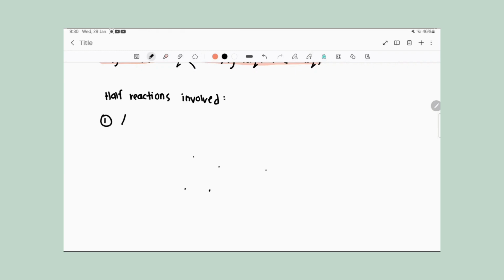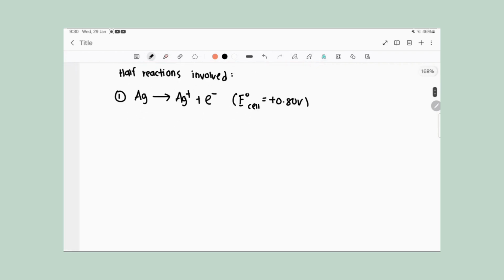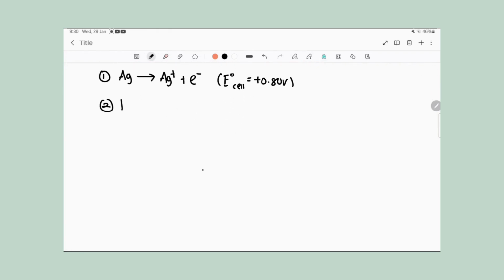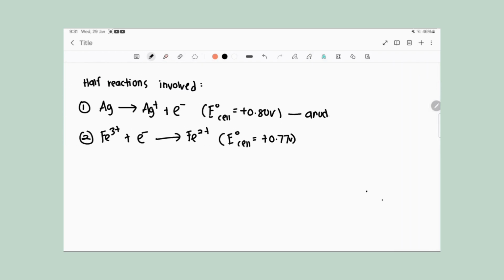First half reaction, which is Ag, and the second one is Fe3+ ion. From the half reactions involved, we can conclude that Ag is the anode and Fe3+ ion is the cathode.